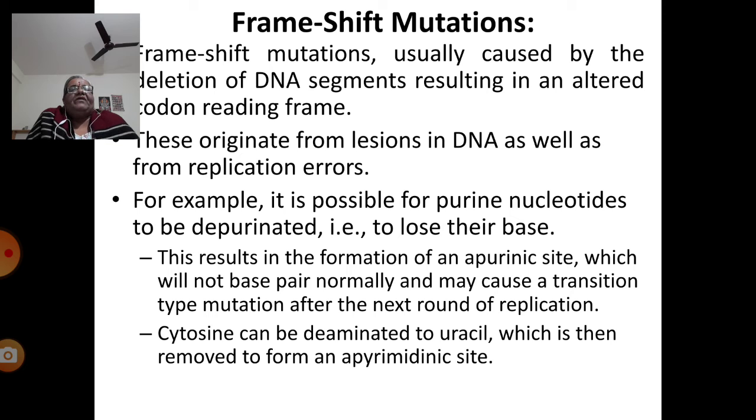For example, it is possible for purine nucleotides to be depurinated or to lose their base. This results in the formation of an apurinic site which will not base pair normally and may cause a transition type mutation after the next round of replication. Or cytosine may be deaminated to uracil, which is then removed to form an apyrimidinic site.